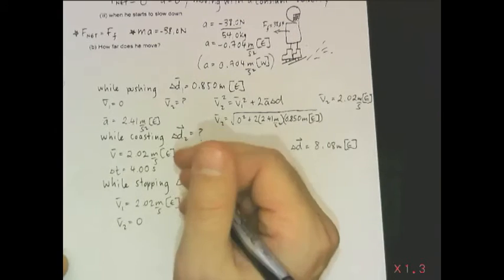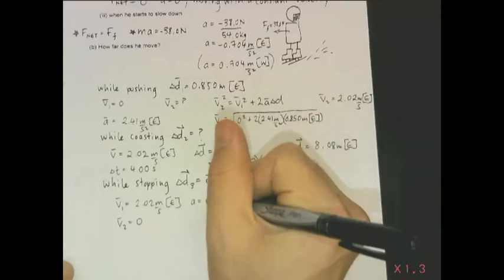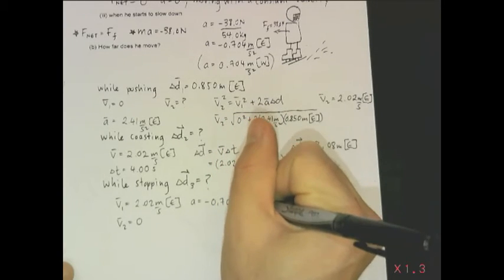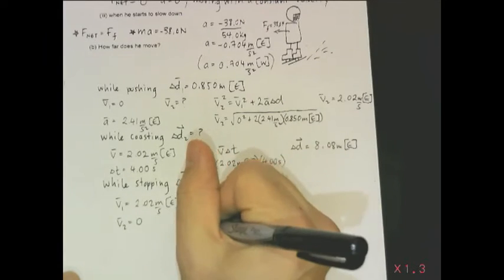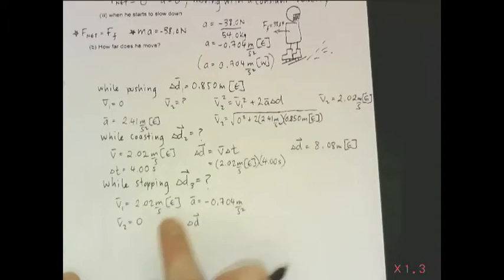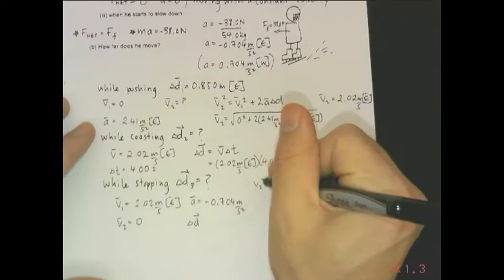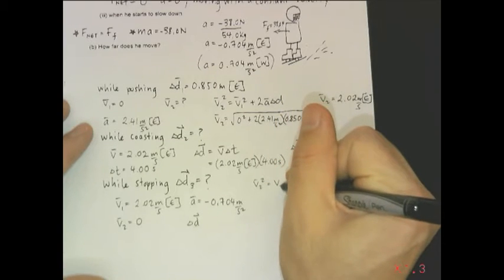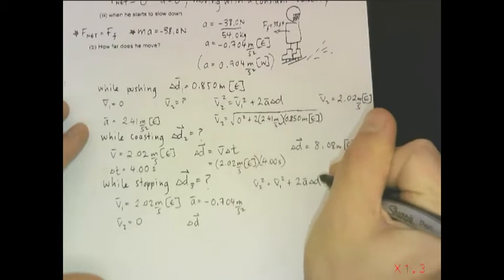From part A, we've determined the acceleration to be negative 0.704 meters per second squared, and we want to find the displacement. So looking at these variables that we have, v1, v2, a, and delta d, which equation are we going to use? The same one we used up above. v2 squared equals v1 squared plus 2a delta d.